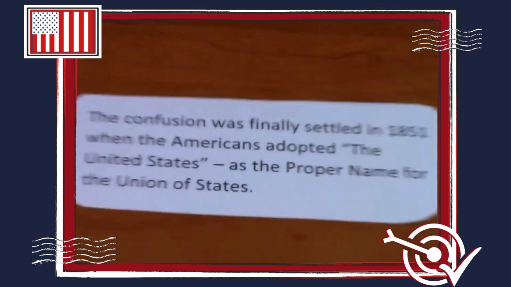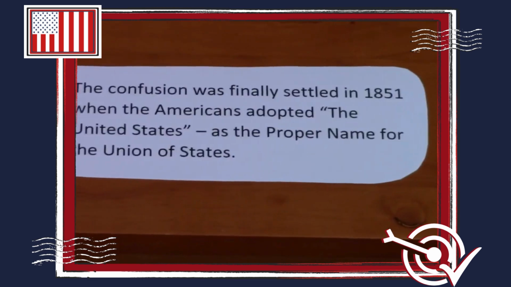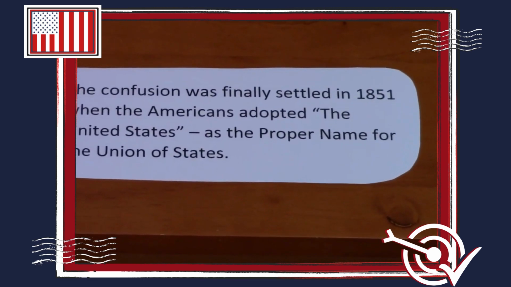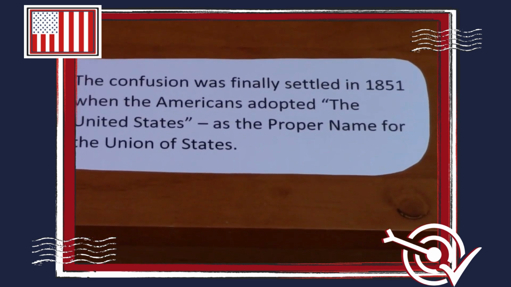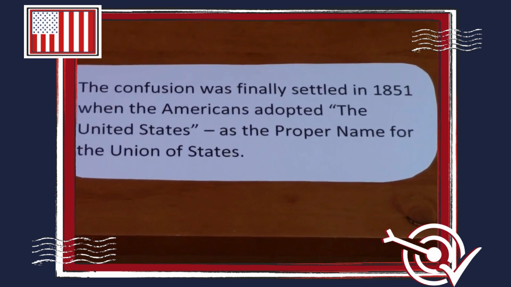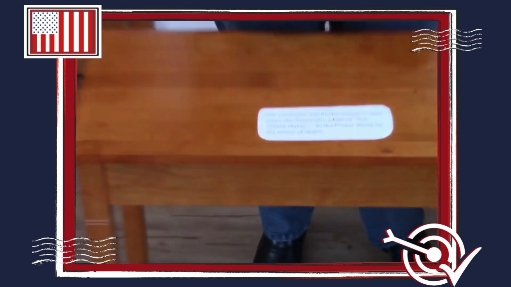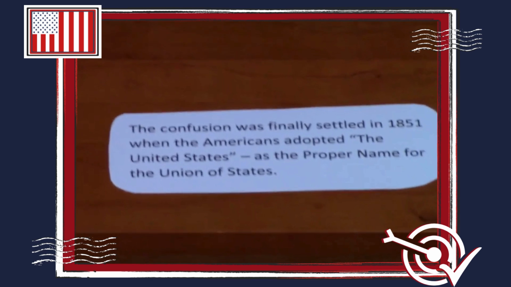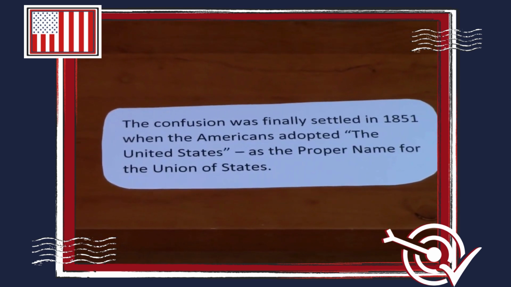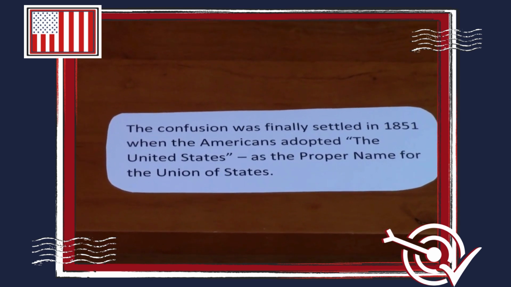So this confusion between the Union and the municipal government finally got resolved in 1851, at least so far in terms of the style and nomenclature, when they officially changed the name of the Union to the name that it has now, where the is included in the name and is capitalized.